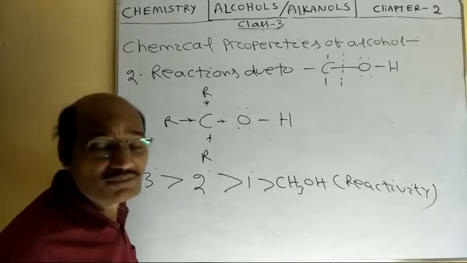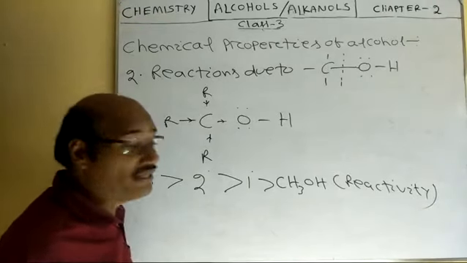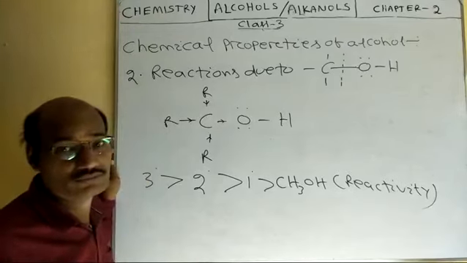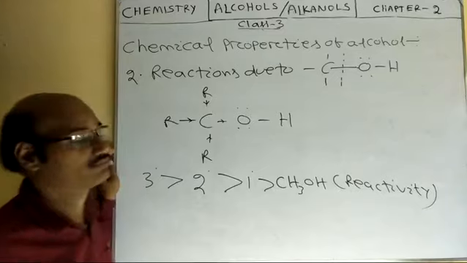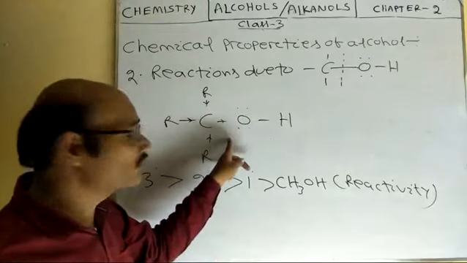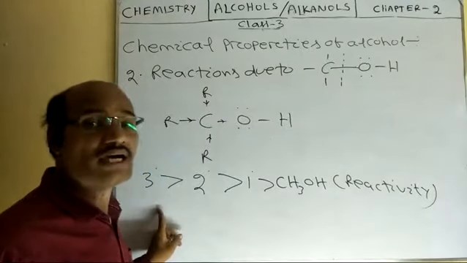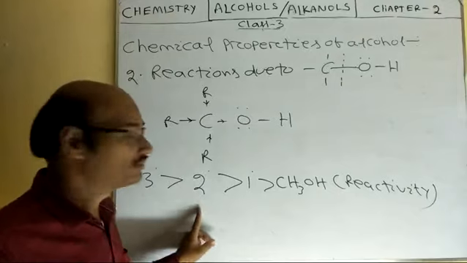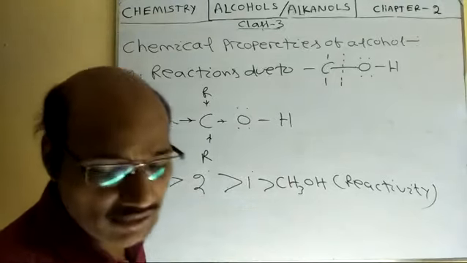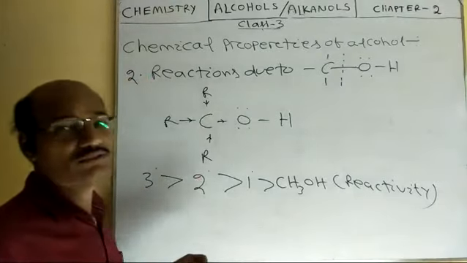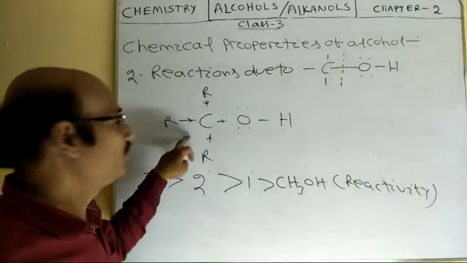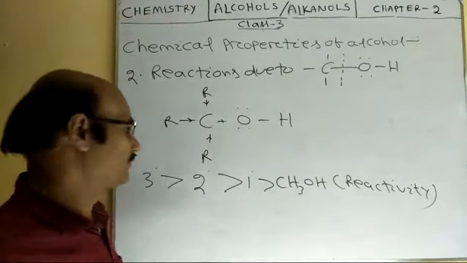When the reaction involves O-H bond breaking, the primary alcohols, as we have discussed, are more reactive, then secondary, then tertiary. But here, in the reactions where C-O bond breaking is involved, the tertiary are more reactive, then secondary, then primary, then methyl alcohol. Okay. Now let us see different examples of alcohol reactions where the C-O bond is breaking.